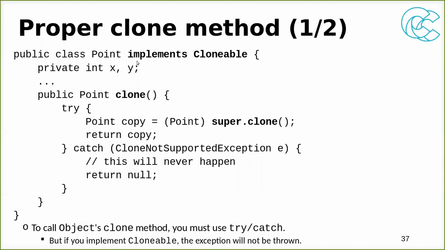You have Point implements Cloneable, and you're overriding clone, but instead of creating a new instance yourself, you simply say super.clone. But super is now referring to the Object class, because that's the superclass for Point. So super.clone would return a type of Object, which you don't want. So you need to typecast it and return the Point.